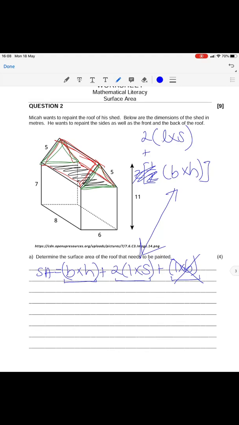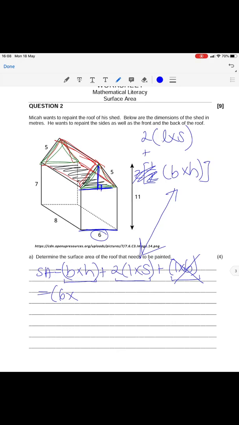Let's now work out what we need to substitute in. Your breadth is going to be this 6 meters over here. It's been given to us as 6 meters. So that is 6. What is the height of our triangle? What is that right angled height? It is definitely not 5. This is where you have to use a little bit of intuition.